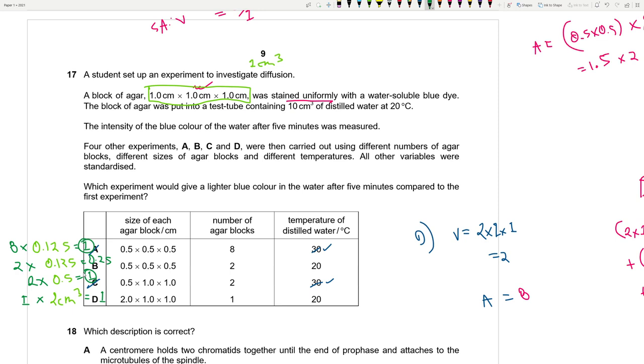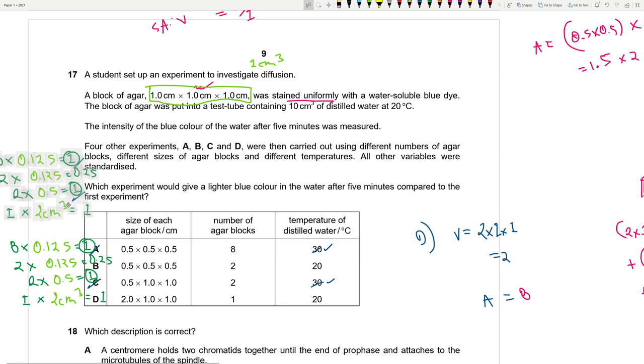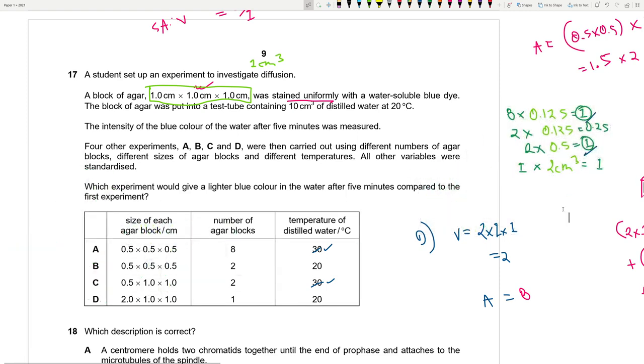Now look at B and D. Out of these two, which one is the correct answer? We should go for B. I'll tell you the logic. Look at this. Why should we go for B? Because in B and in D, it's actually 2 into 1. It's 2 into 1, which gives you a value of 2 in D, right?